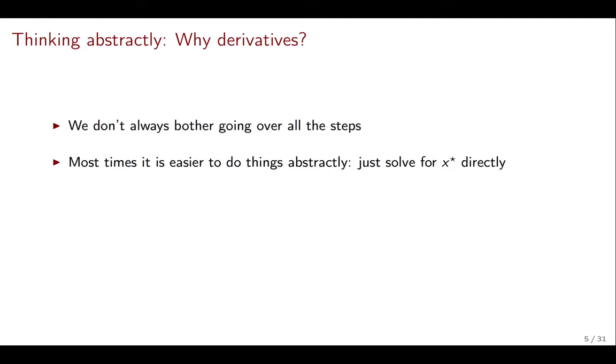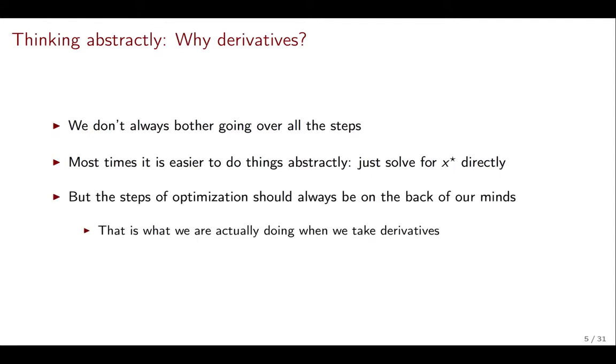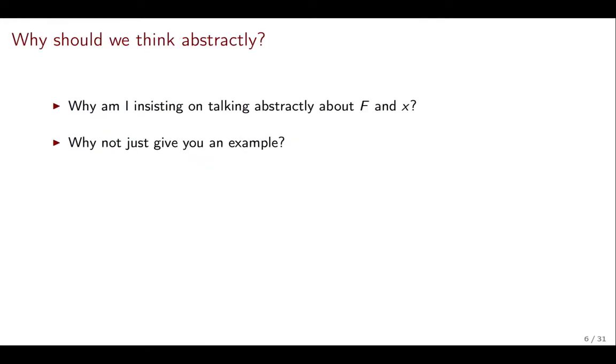You might just want to take the derivative and find the critical point directly. That's what we're going to use mostly. But the steps of optimization should always be on the back of our minds. That's because, first, that's what we're actually doing when we take derivatives and equate to zero. And second, because derivatives are useful in general, but they are not all the time what you need. And we're going to go through examples in which that doesn't happen.